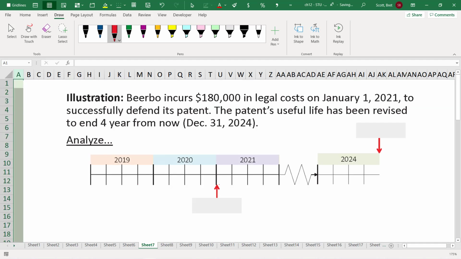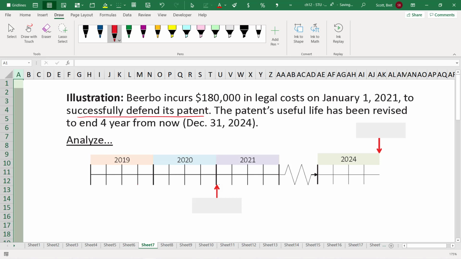Here's the tricky part, though. Beerbo incurs on January 1st, 2021, $180,000 in legal costs to successfully defend its patent. Now, ordinarily, legal fees, you expense them.